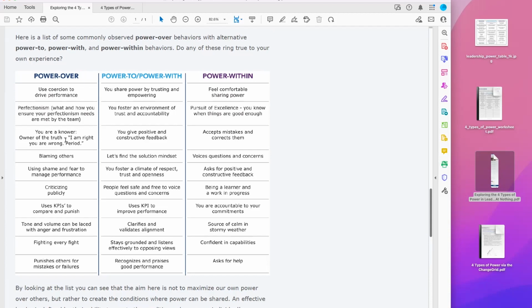Perfectionistic. You are a knower, owner of the truth. I'm right and you are wrong, period. Blaming others, using shame and fear, criticizing publicly, uses KPIs to compare and punish. Tone and volume can be laced with anger and frustration. Fighting every fight, punishes others for mistakes or failures.